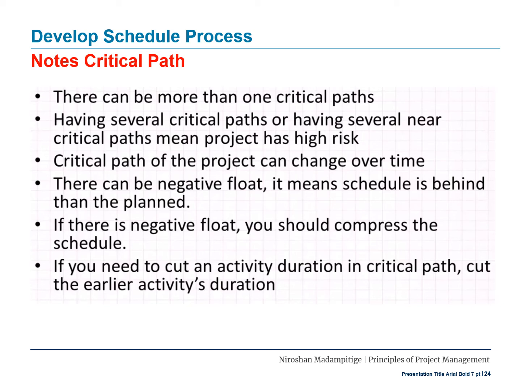The critical path of the project can change over time. There can be negative float. It means the schedule is behind the planned. If there is a negative float, you should compress the schedule. If you need to cut an activity duration in the critical path, cut the earlier activity's duration.